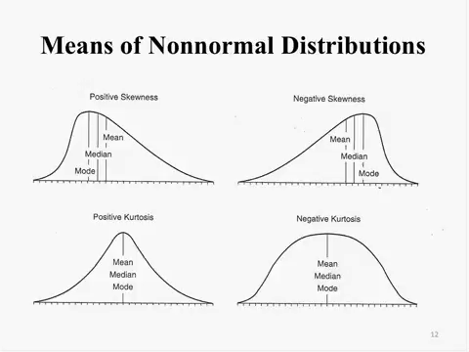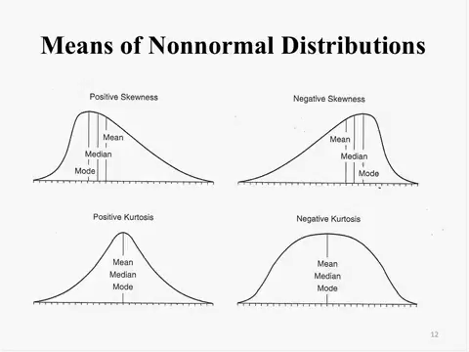With negative skewness, once again, that's just like the distribution at the bottom of slide 11, with the mean on the left, the median in the center, and the mode on the right. You'll notice in both cases, whether you've got positive skewness or negative skewness, the median is always in the center. It's between the mean and the mode.